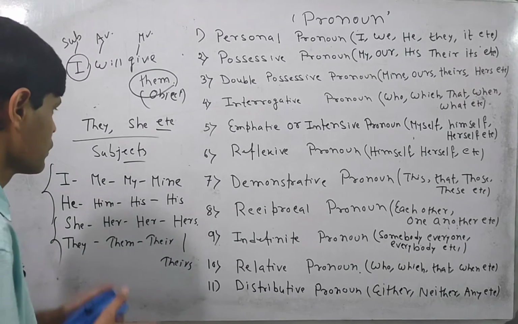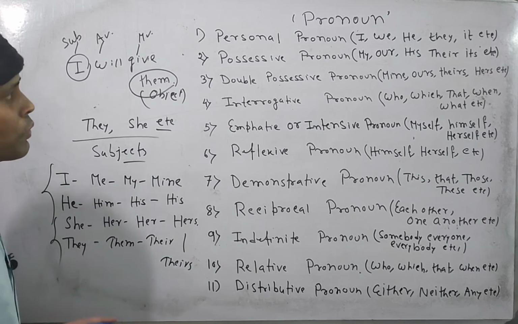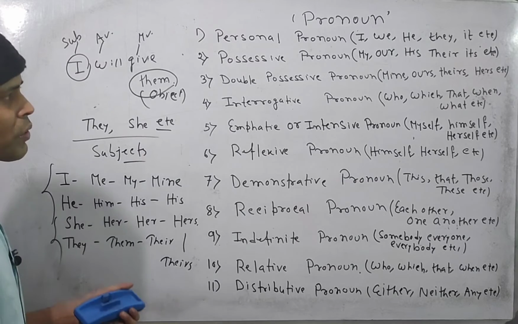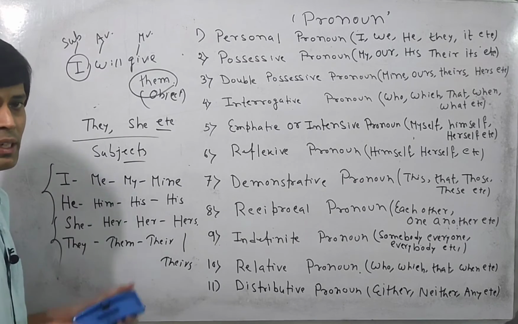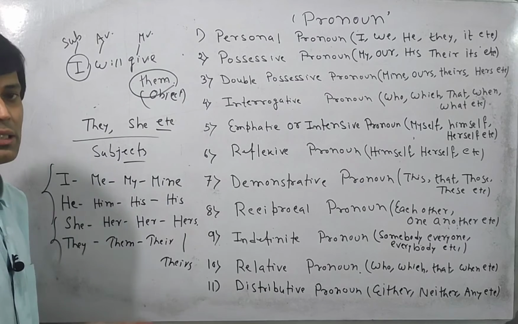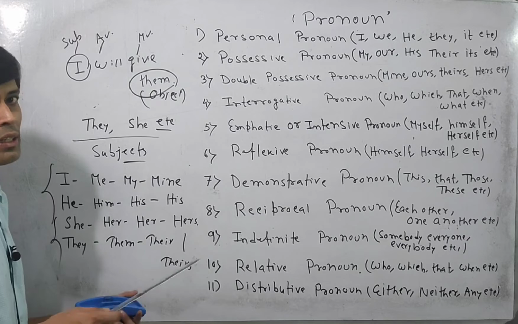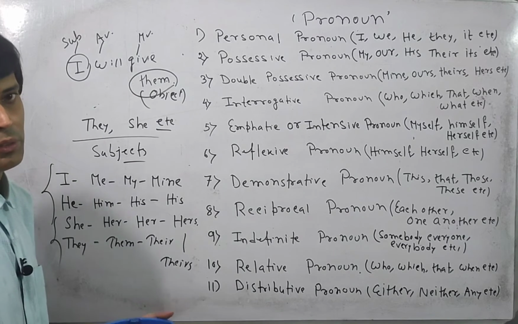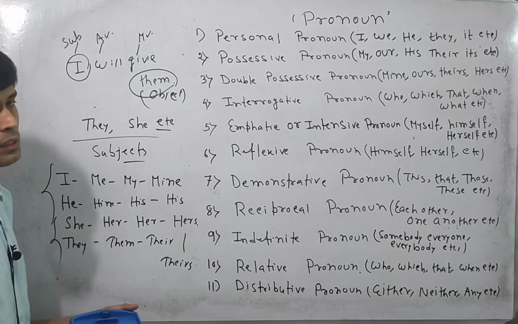So in this way you have to learn the personal pronoun. I, we, he, they, it, all are personal pronouns. All have different uses depending on the syntax or sentence construction. One personal pronoun like they, them can be used as object. On the other hand, they can be used as subject.